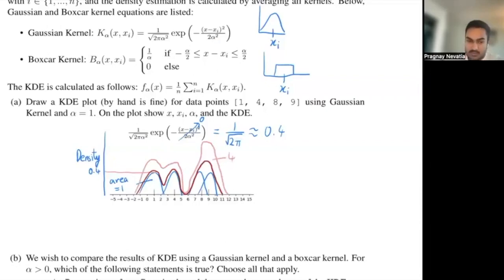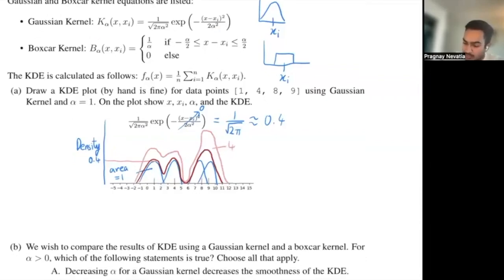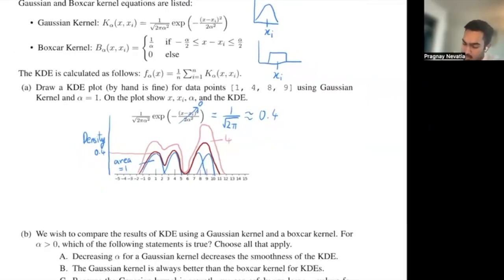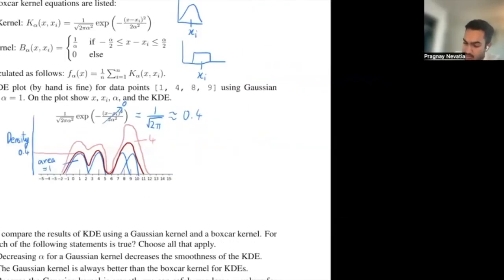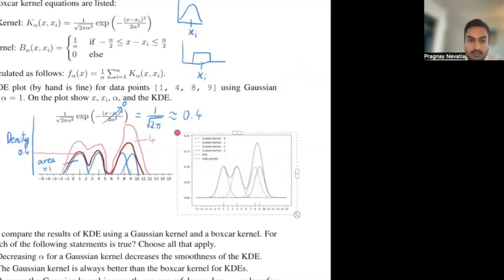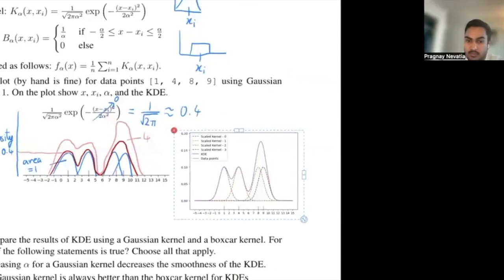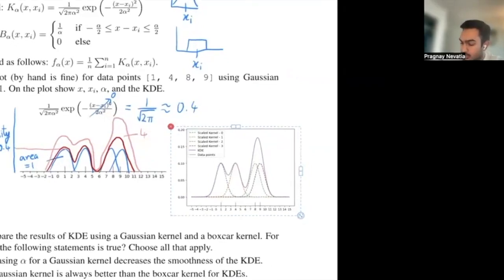This figure is a rough estimation, but I do have the real figure from the solution, so I'm just going to put that down. So this is, I guess, the real figure of the density curve.